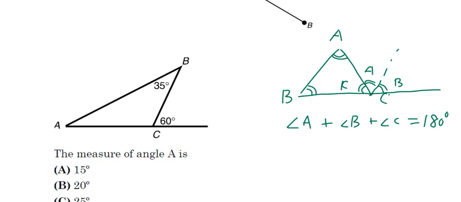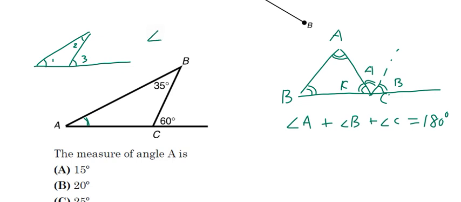Okay, now we have this result: in general, if here is this line, angle 1 plus angle 2 equals angle 3. Why do we have this result?